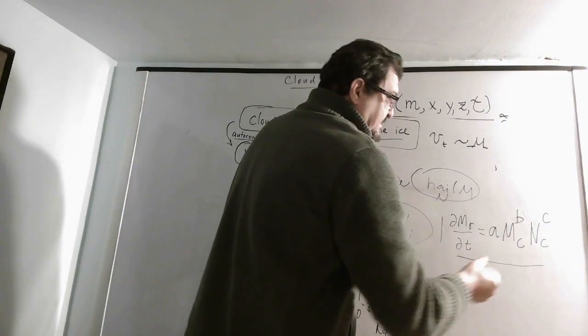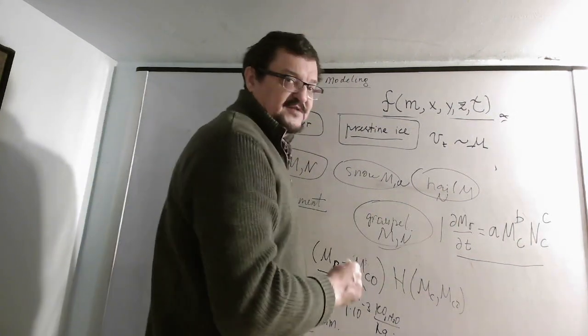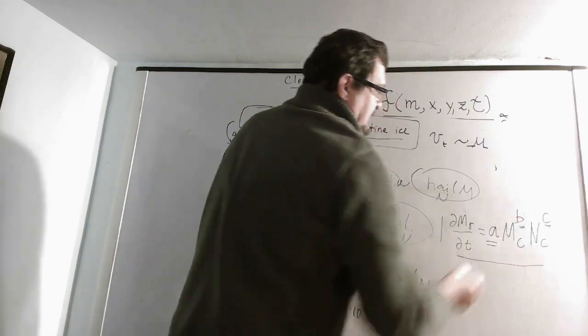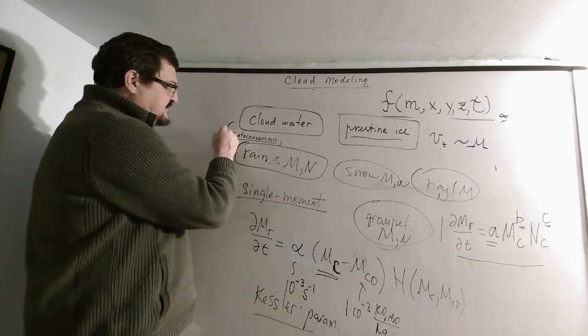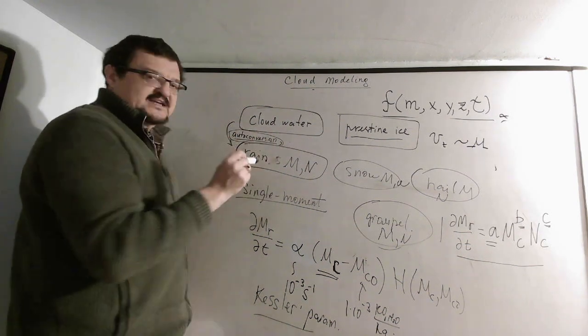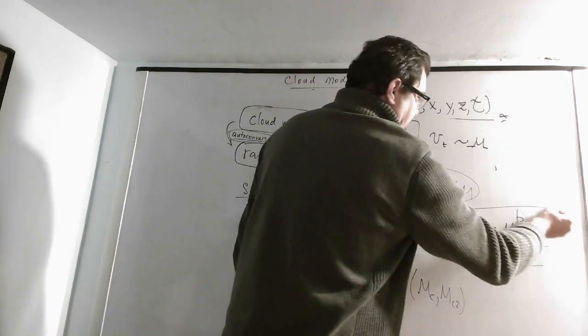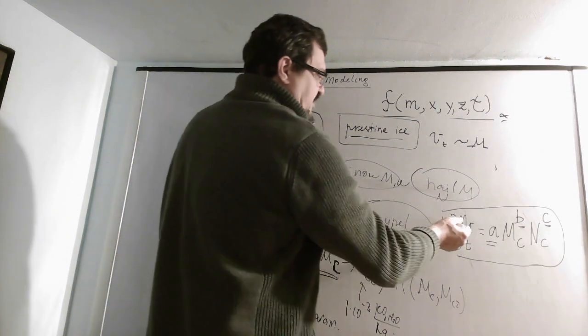And there are other people who design similar expressions using a bin microphysics model. So I designed this and obtained these coefficients A, B, and C using a bin microphysics model, and basically estimated the autoconversion rate directly from the bin model, and then produced this kind of parameterization for this rate of rain growth.